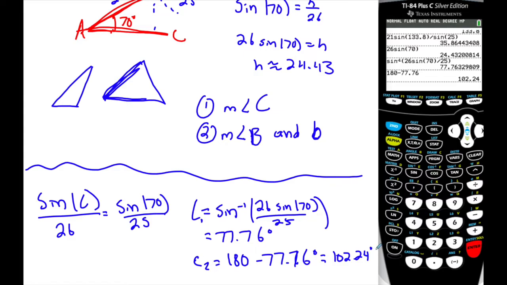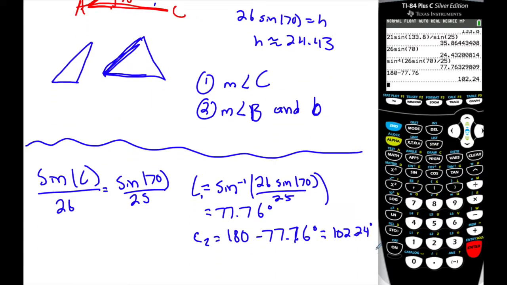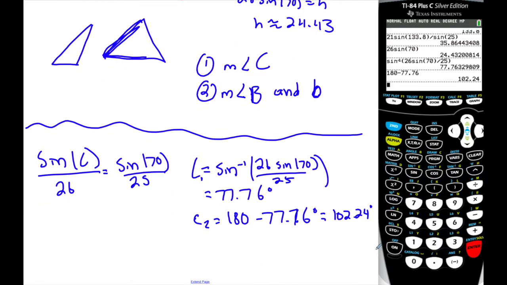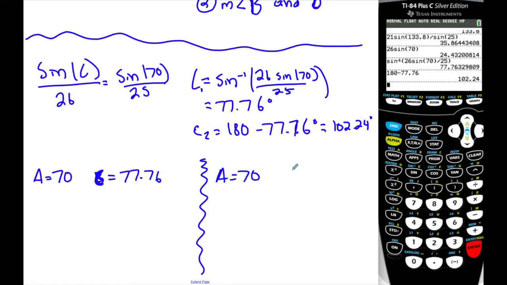That's 102.24 degrees. Those are my two possible angles. So either C is 102.24 or C is 77.76. This leads me to my two possibilities: first, A is 70 and C is 77.76, or A is 70 and C is 102.24.